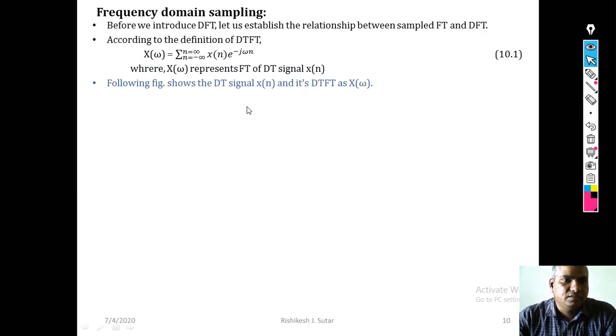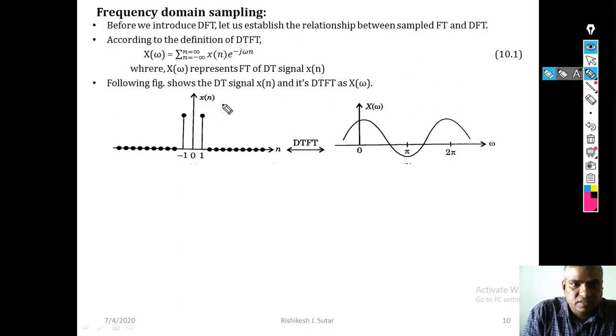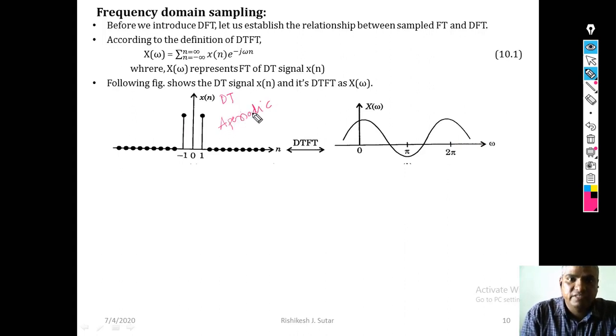Now let us consider a discrete time signal x of n and its discrete time Fourier transform as shown below. So this is my x of n, that is a discrete time signal. This discrete time signal is discrete time in nature, and it is also aperiodic in nature.